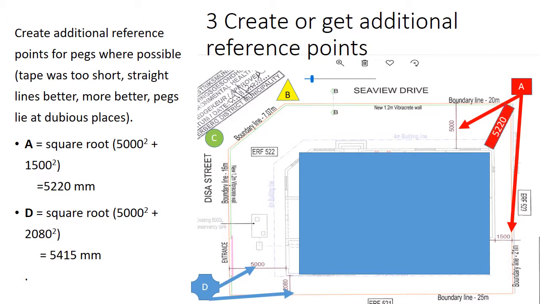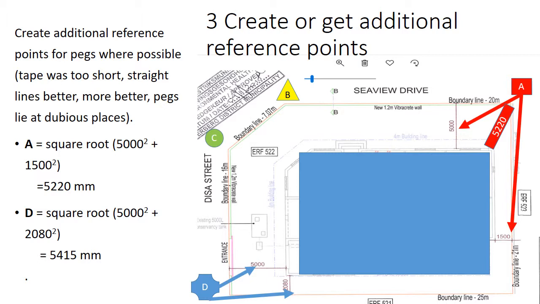So for A, I got the additional angle, using the square root of the sum of the sides of a triangle.